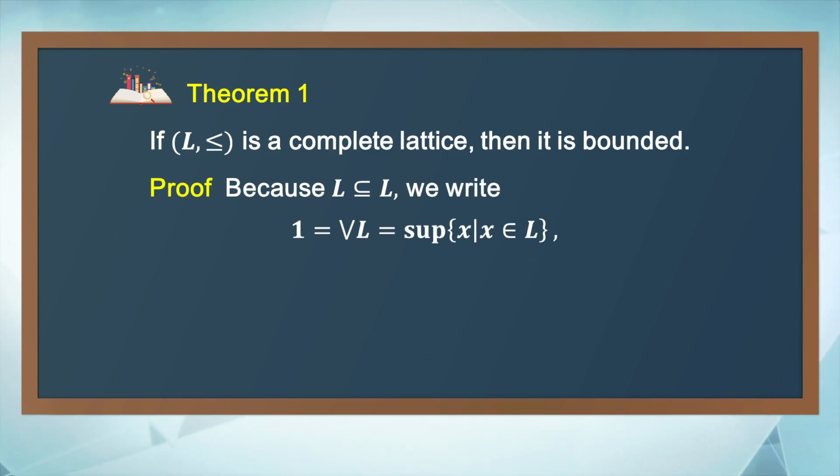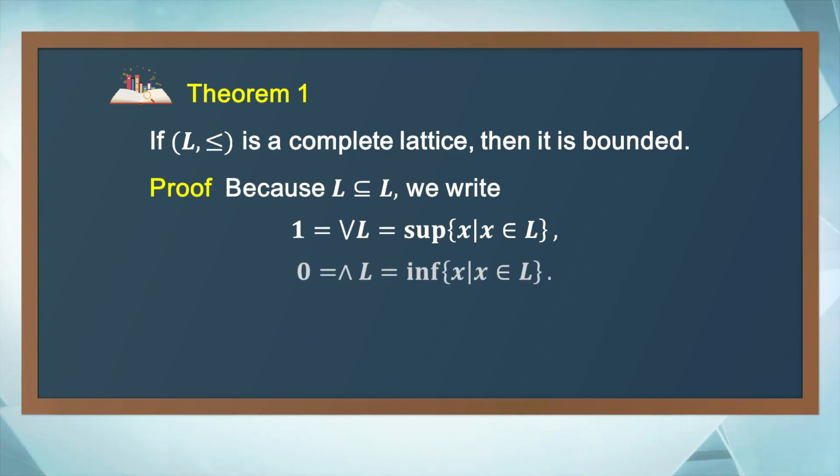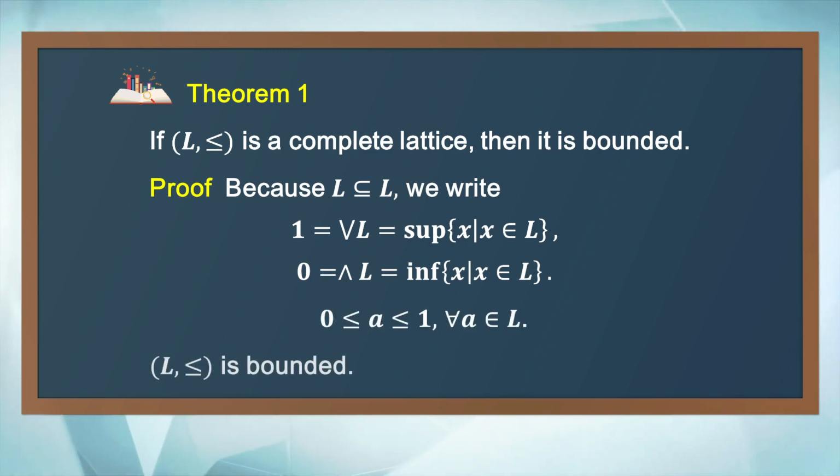We write the supremum of L as 1, and the infimum of L as 0. Therefore, 0 is less than or equal to A, which is less than or equal to 1, for all elements A in L. That is, 1 is the greatest element of L, and 0 is the least element of L. So it is bounded. This completes the proof.